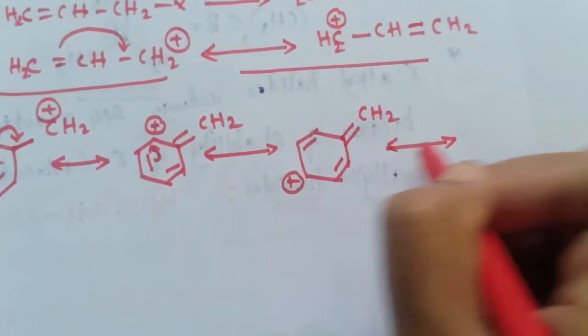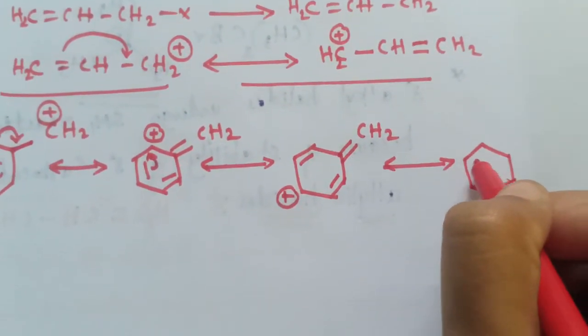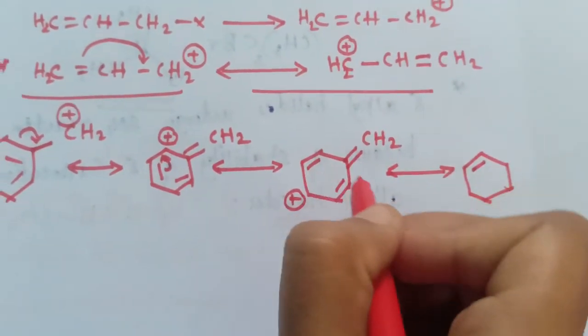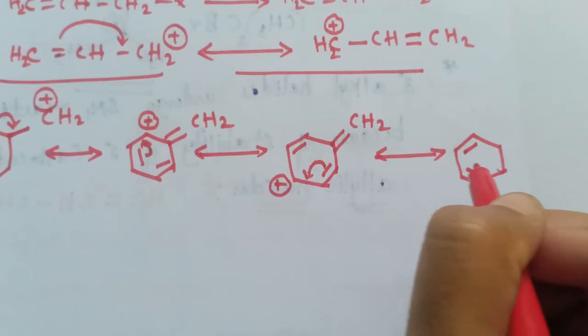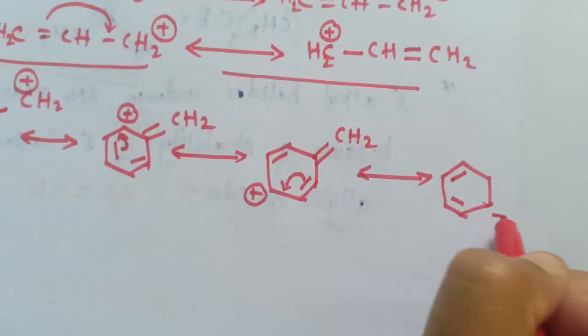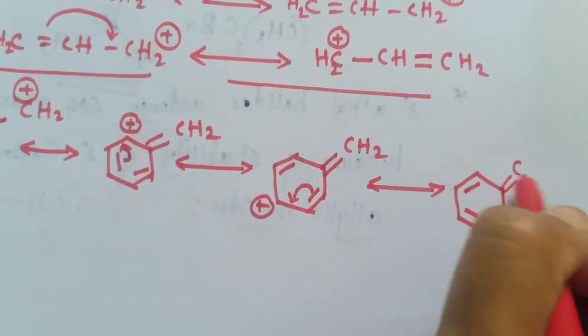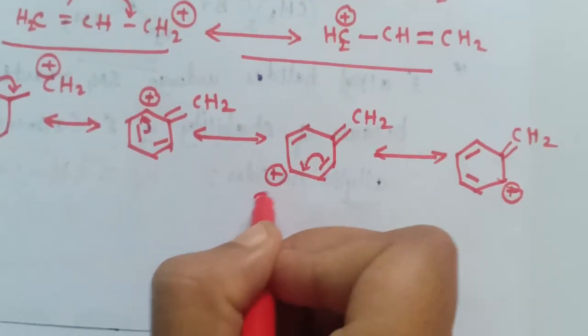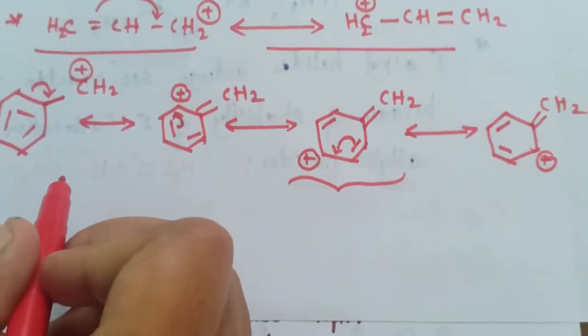And after this, this bond is now shifted towards this side, and we will get a positive charge here. These are stabilized by resonance. It is a benzylic halide.